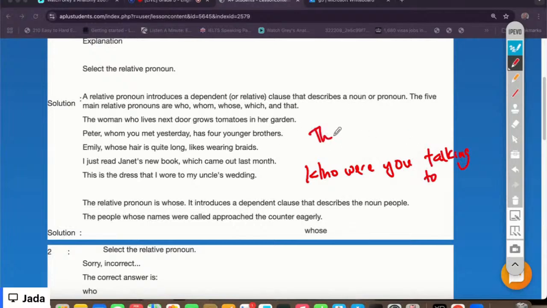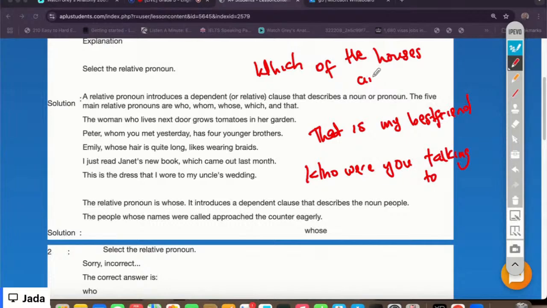You can say, that is my best friend. Or we can say, which of the houses are you visiting? All right, so these are sentences with the relative pronoun.